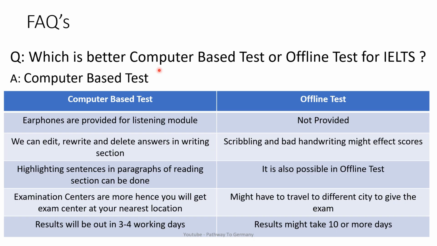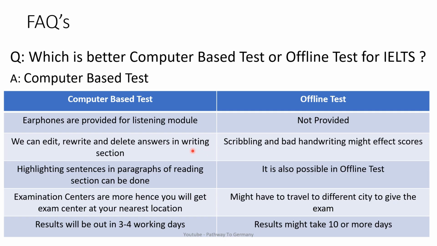For the computer based test, earphones will be provided, and for the offline test, they will not be provided. So that's a tricky part. When you have earphones for the listening section, it's much easier to grasp the words from the audio. And for the computer test, in the writing section, you can edit your answers, right?